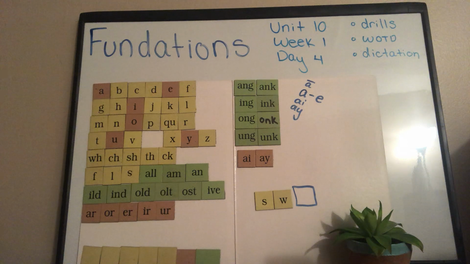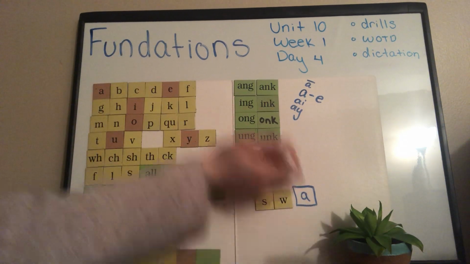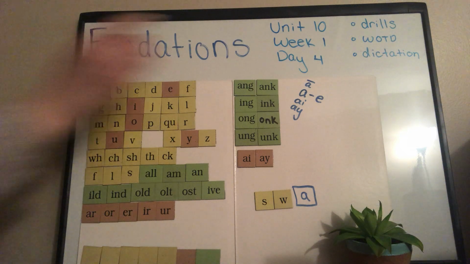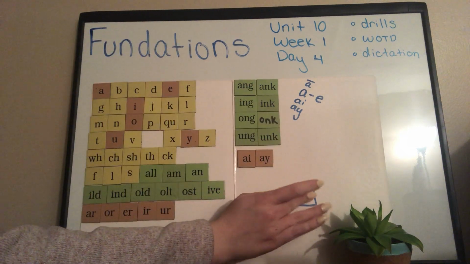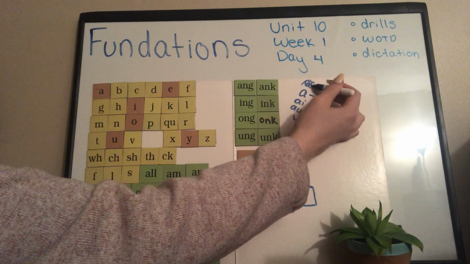So, let's take a look here. Let's say we wanted to put an open A there. Does that look right to you? No, that doesn't really look right to me. That kind of looks like swa. So I'm going to go ahead and erase that. I'm going to go ahead and cross it off from the top here.